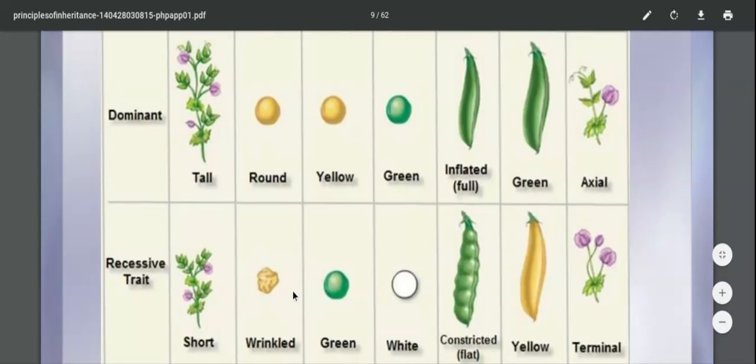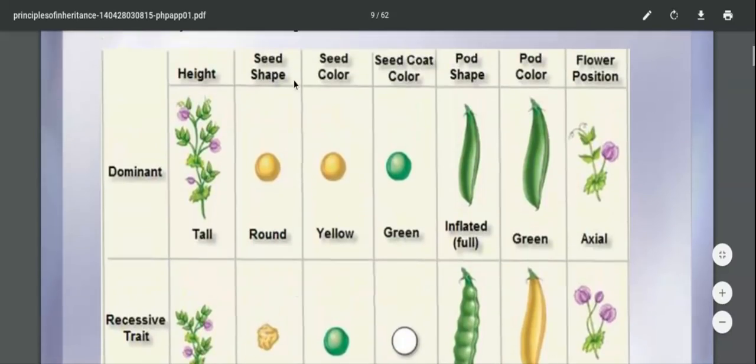If he selected the trait seed shape, again he worked with two alternating forms, those which had round seed shape and those which had wrinkled seed shape. Are you getting what it is? So he selected these different traits, and for each of these different traits he selected alternating forms.